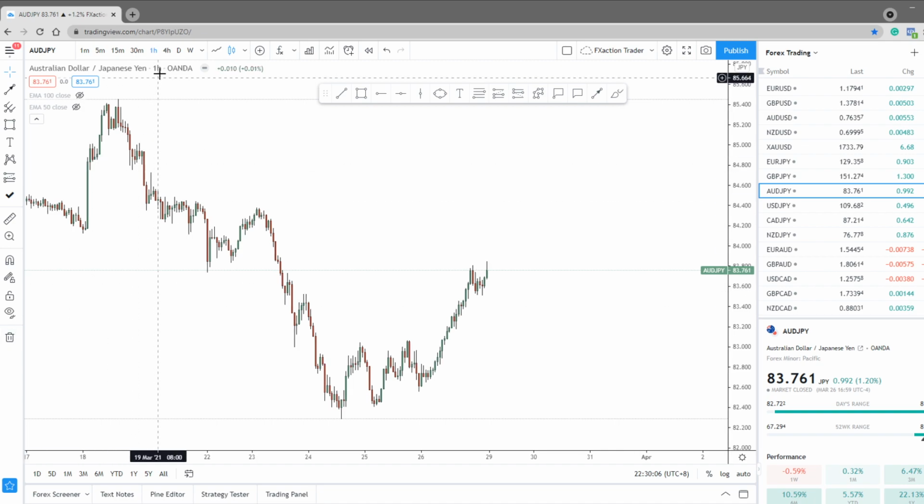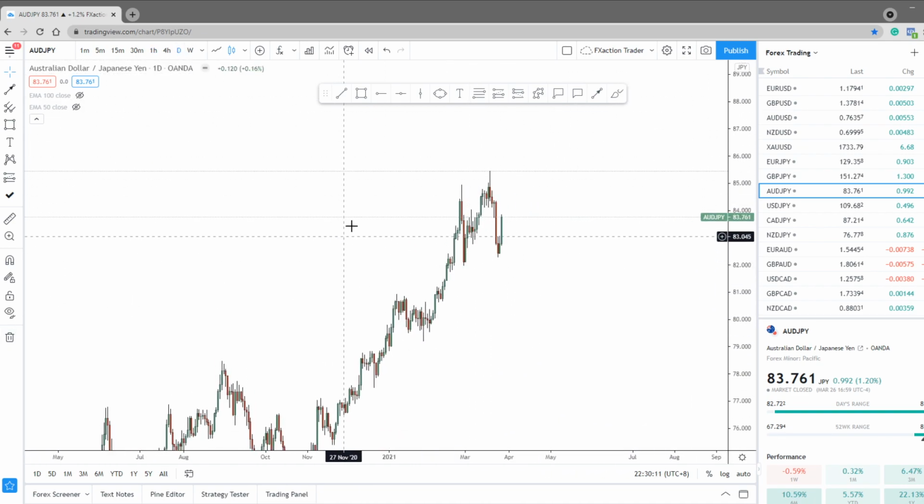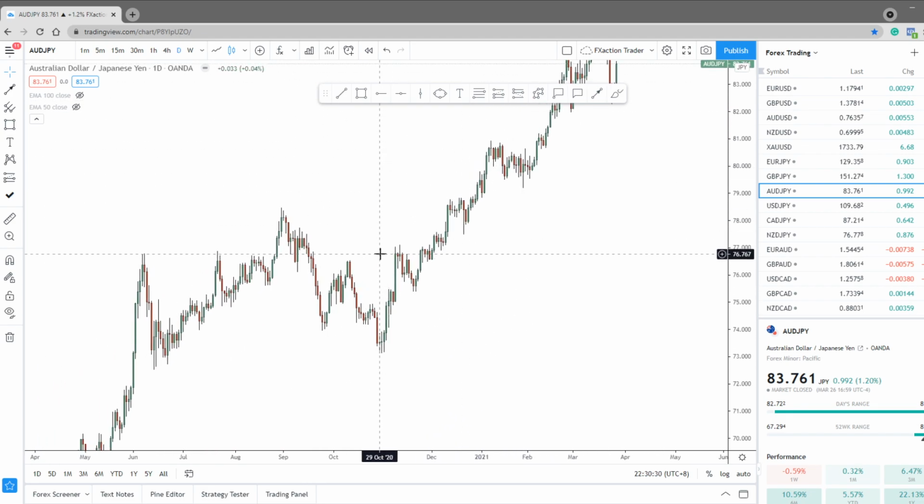So this is the Aussie Yen pair. The structure is quite similar to what we have seen on both Euro Yen and also Pound Yen, which is a very nice continuation signal on the bigger time frame. What we can see here is the market has been creating new high levels since November last year.